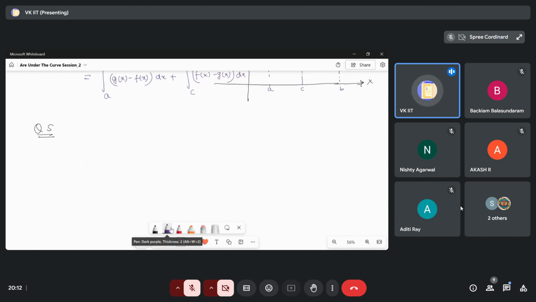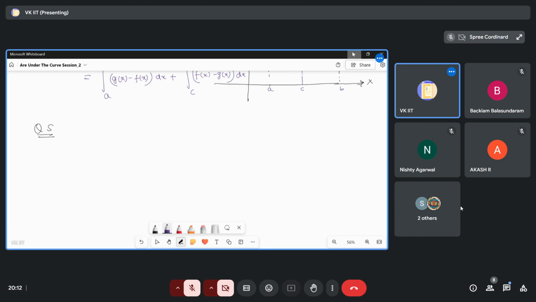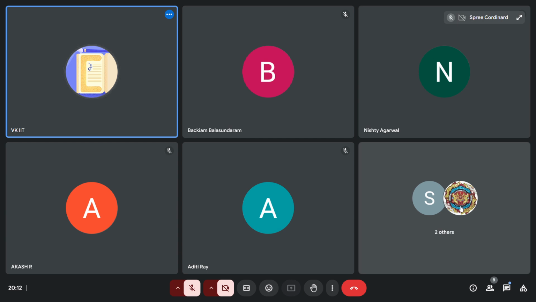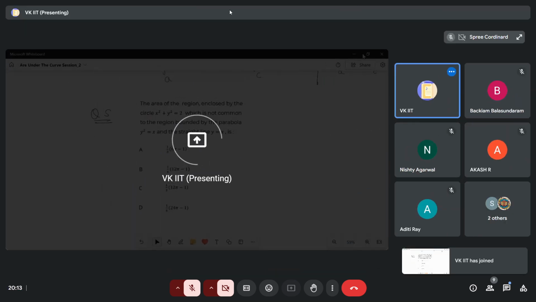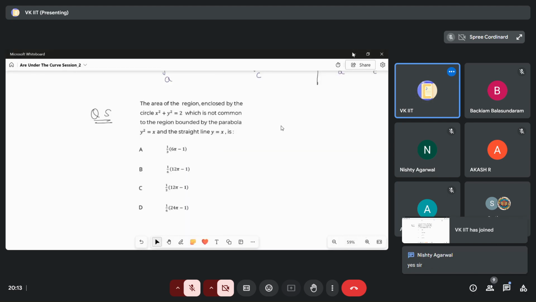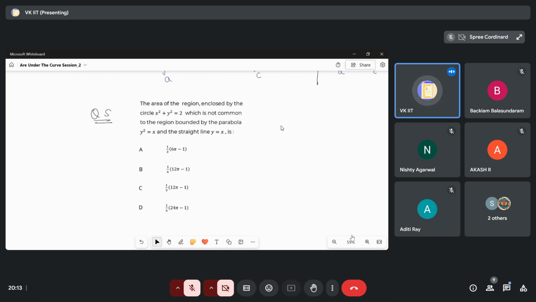So the fifth question says that, okay, 1 second, I'll paste that question. So try this question, everyone. Tell me what answer you're getting. Take your time, take 1 minute and try to solve.